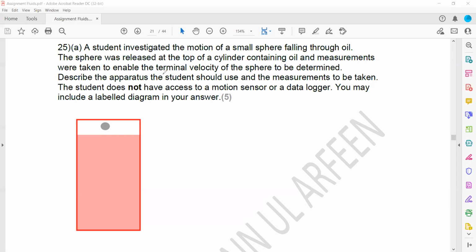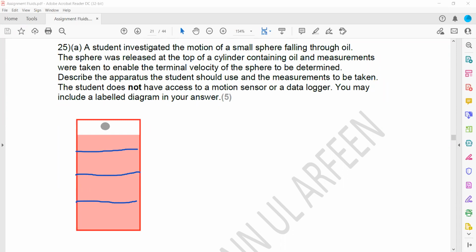So we can place markings on the measuring cylinder, equally spaced. Like the markers are placed at equal distances. We can even have a rubber band wrapped on this measuring cylinder. So how can we work out the terminal velocity? We have the formula.